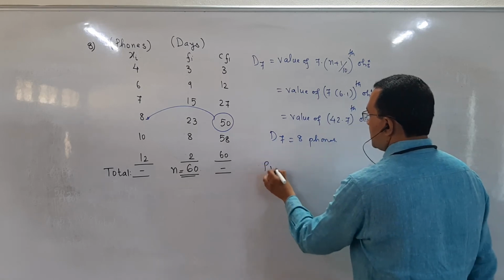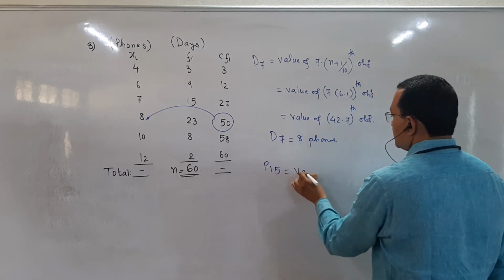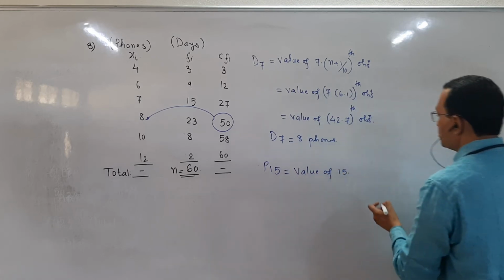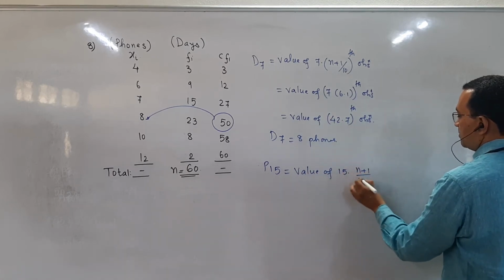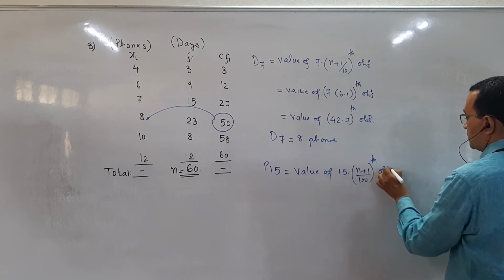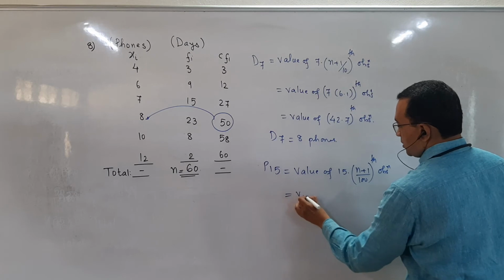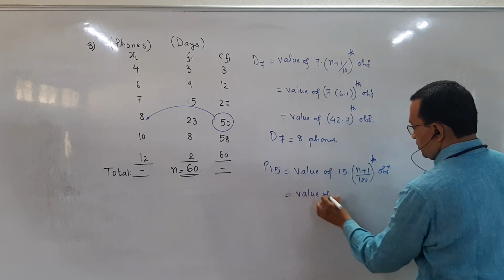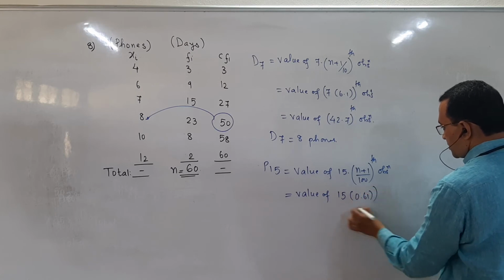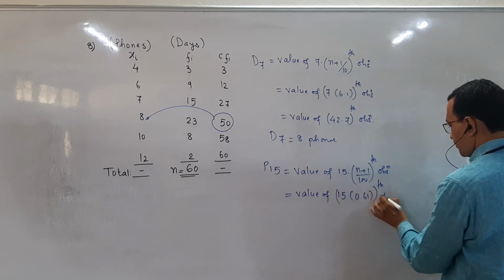Then students, P15 is equal to the value of 15 into n plus 1 by 100th observation. So this is equal to the value of 15 into 0.61 observation.